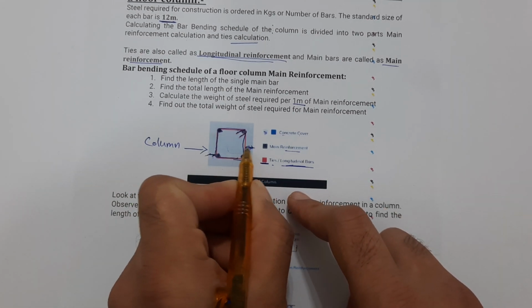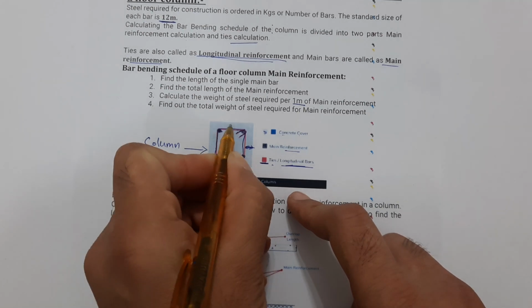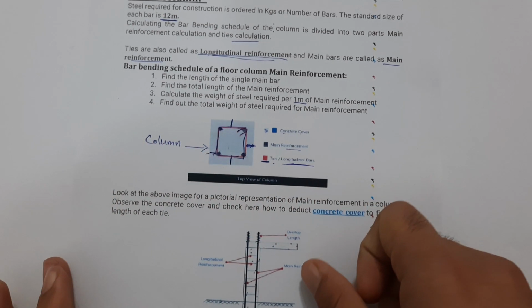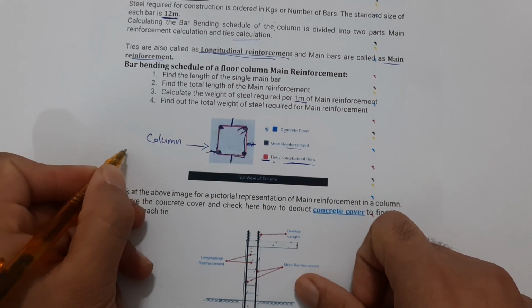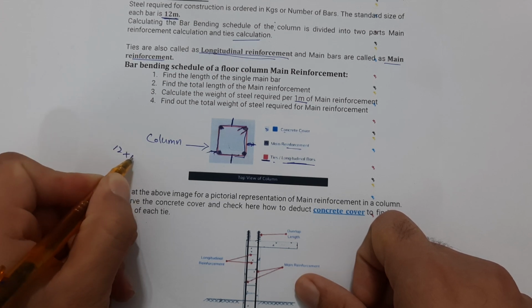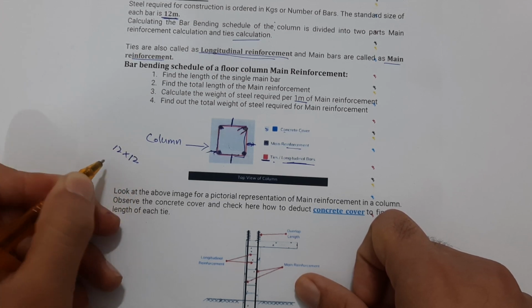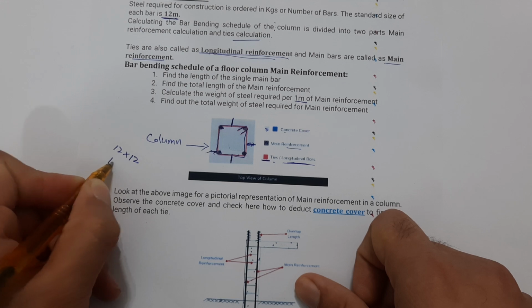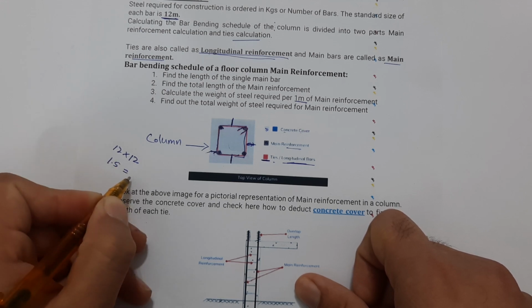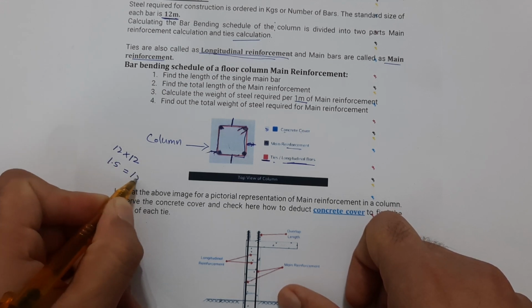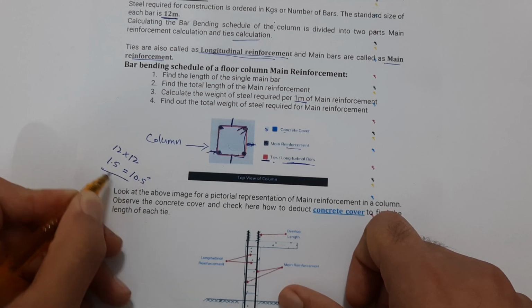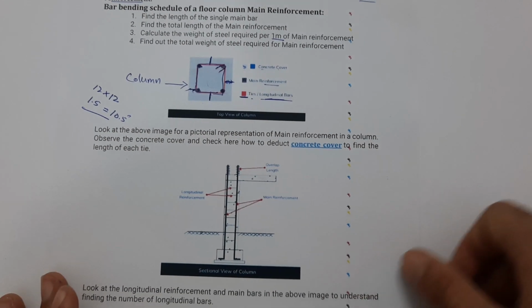So this is concrete cover, this is concrete cover. For example, if the size of the column is 12 by 12 inches, you will deduct the concrete cover. If the concrete cover is 1.5 inch, then each side is 10.5 inch. So this is the same thing.